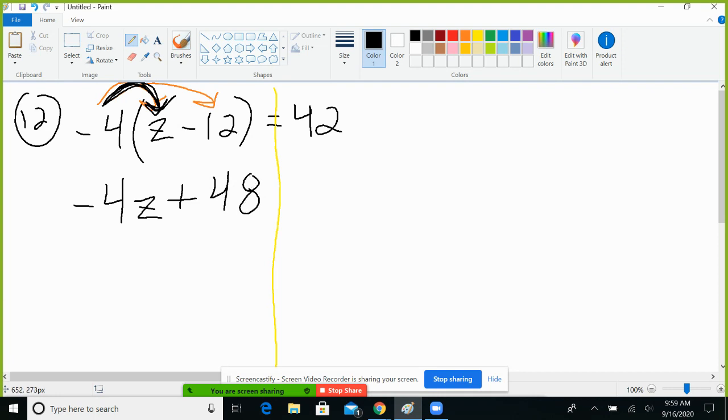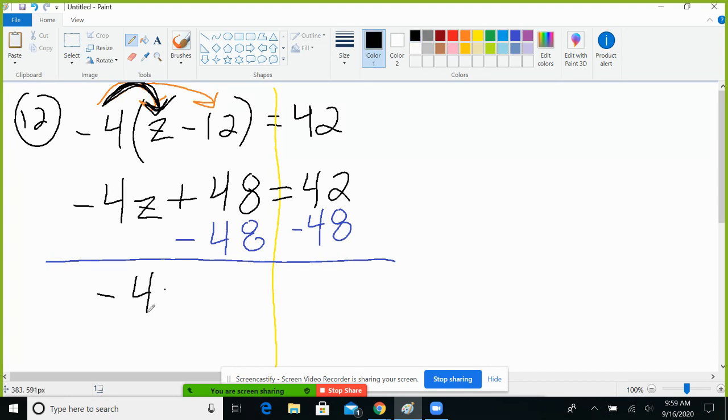A negative times negative is a positive. 4 times 12 is 48. Very good. So we have negative 4z plus 48 equals 42. What now? Nice. Minus the 48 on both sides. Subtract the 48 from 48 and from 42.